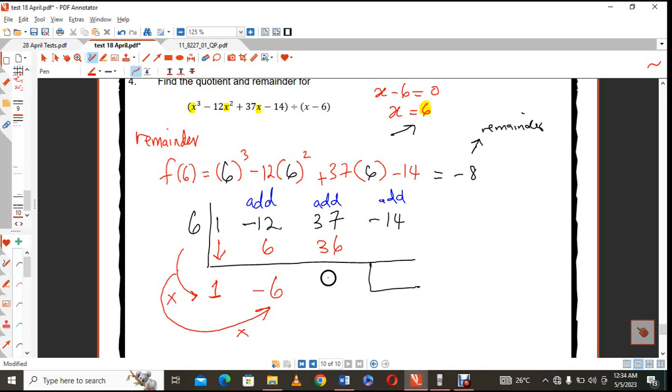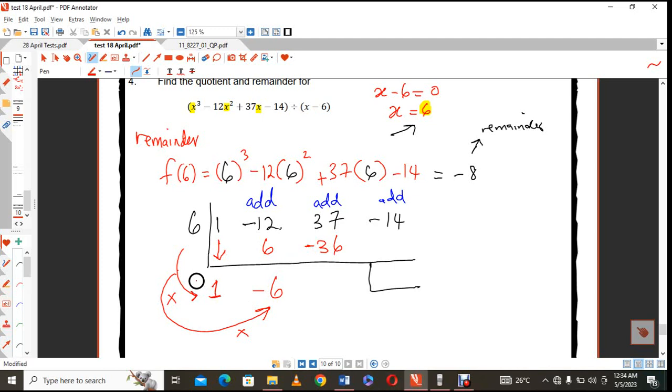Well, if you add that 36... let me check. I just want to see if there is something. It's supposed to be, let me see what I wrote, x cubed minus 12... here's the thing, 6 times negative 6, yes, that is negative 36.